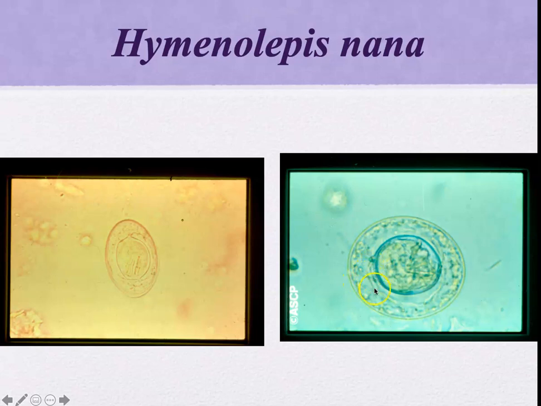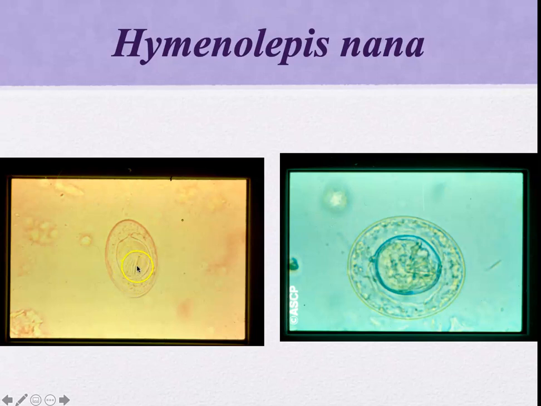And this is what the polar filaments are. So it's got an outer shell and then an embryo inside the shell. And on either side, there are polar plugs. Out of the polar plugs you can see these little strands. These are polar filaments. I know it's hard to see in this one. And you can see the hooks.